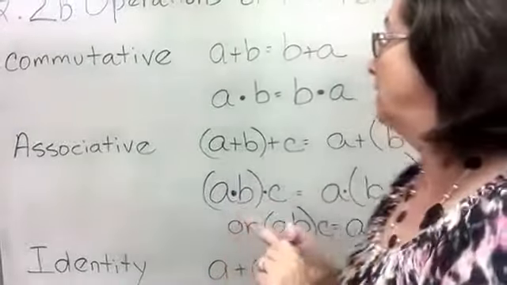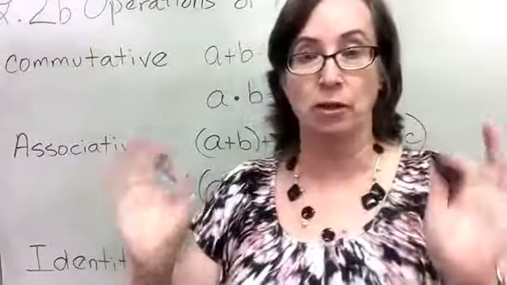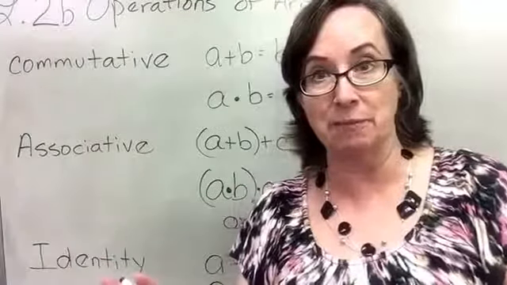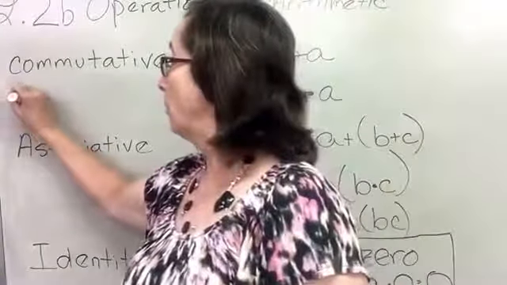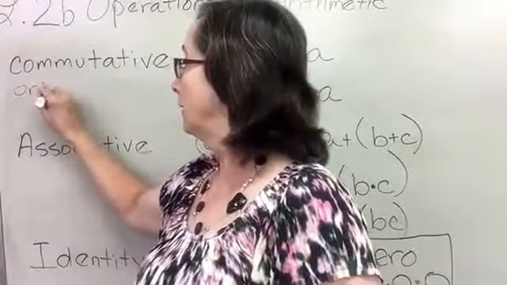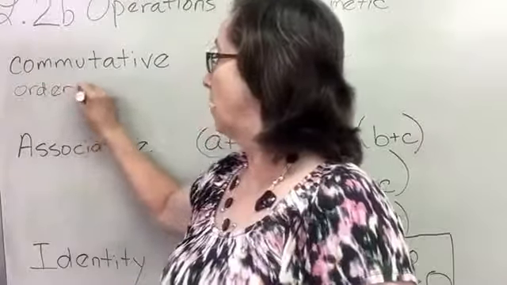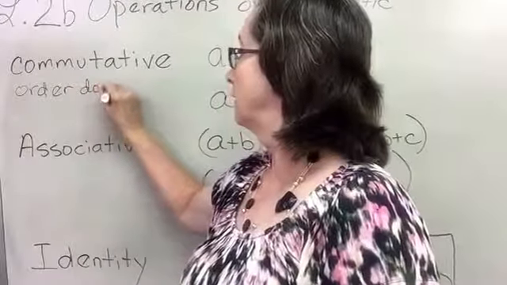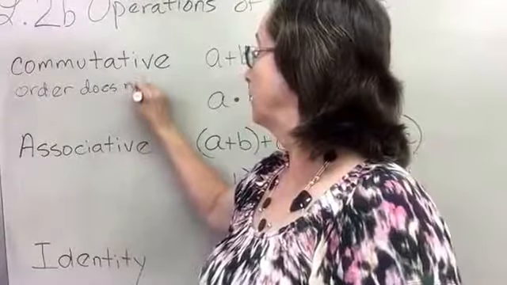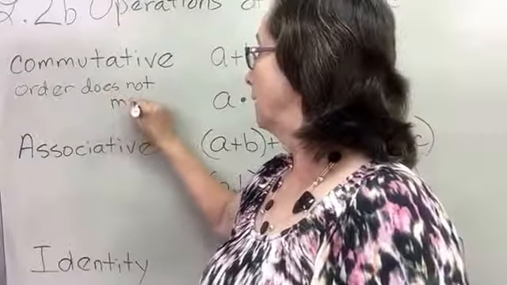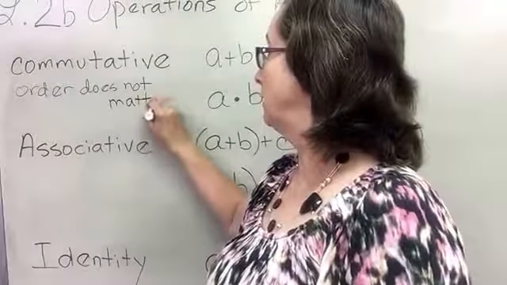Okay, so the commutative property, if we were going to write some words that meant the same thing, it would be: order does not matter. Okay, so that is the commutative property.